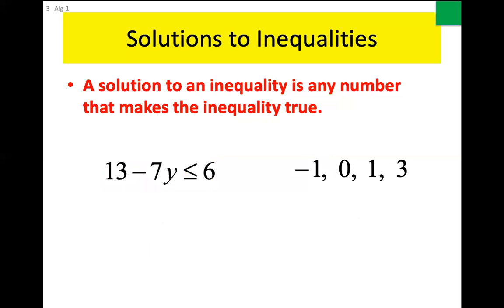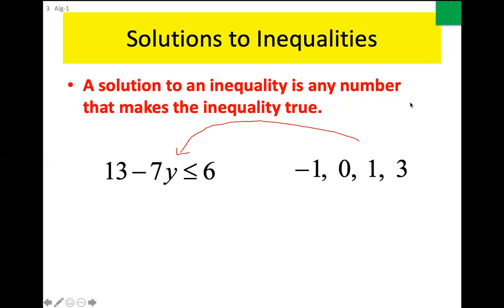Okay, so in box number 3, here are 4 values that they want you to evaluate this inequality one at a time to see if they make it true or false. So you're going to do it for -1, then for 0, then for 1, and then for 3. Once again, you're going to take these values, throw them in for y, and see if it makes it true or false.